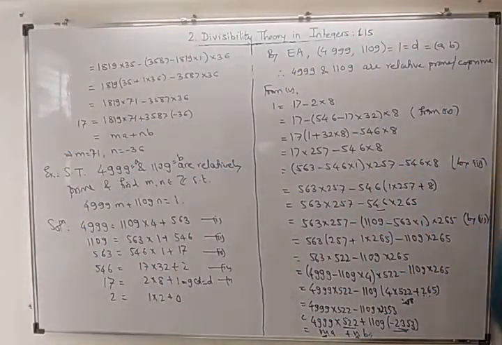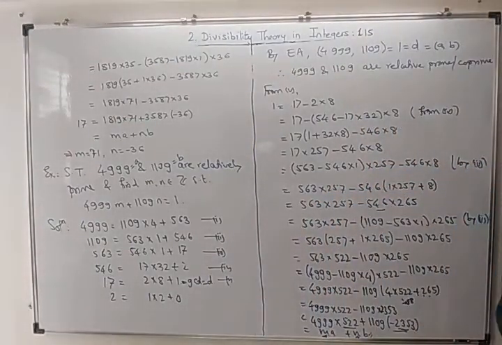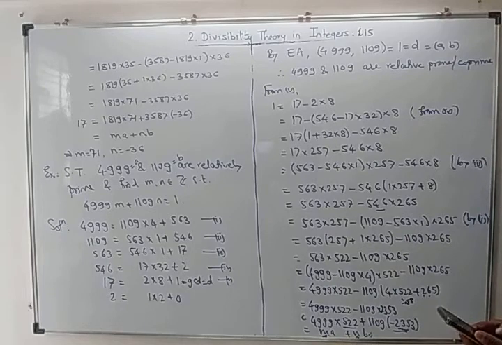So we'll check whether these values are correct or not. What we are getting? 4999 into 522 minus in bracket 1109 into 2353 equals 1.